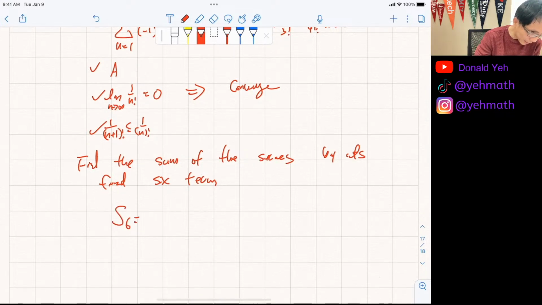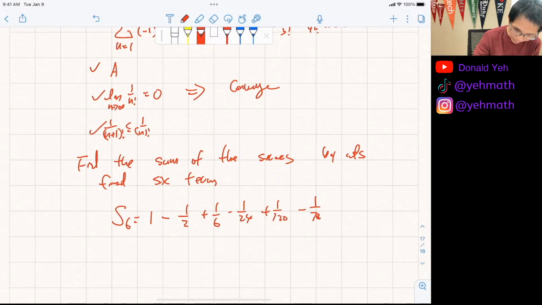You can do S6. Just plug in the equations, and then you should get a fraction. So when it asks you to find the sum of the series, it'll always tell you how many terms it wants you to do.